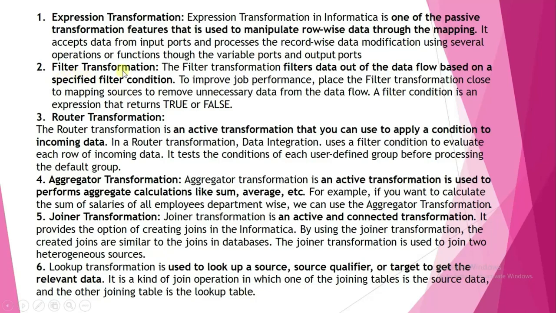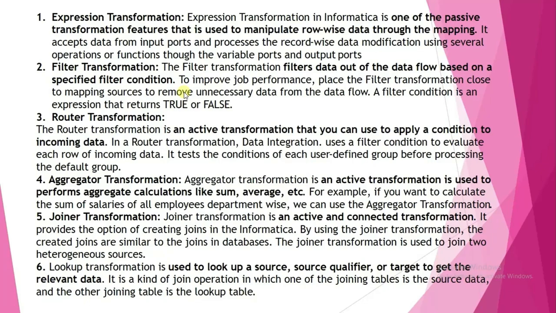Then coming to filter transformation. The filter transformation filters data out of the data flow based on a specified filter condition. So what exactly does the filter transformation mean? Because we want some range of data, for that we use filter transformation.